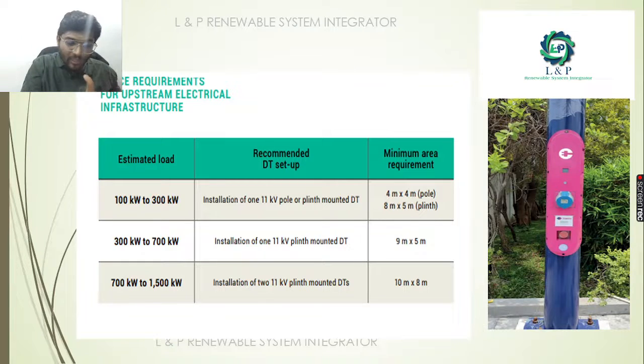If you're planning for 300 kilowatt to 700 kilowatt, you can install 11 kilovolt, but the minimum plinth area requirement will be 9 by 5 meters. And if you are planning for an estimated load of 700 kilowatt to 1500 kilowatt, then you need to install 11 kilovolt plinths, with a minimum area requirement of 10 by 8 meters.